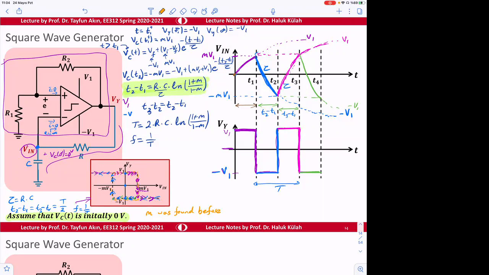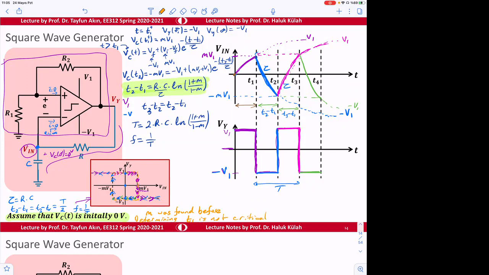T1 is not important. Maybe I should write it here. Determining T1 is not critical.